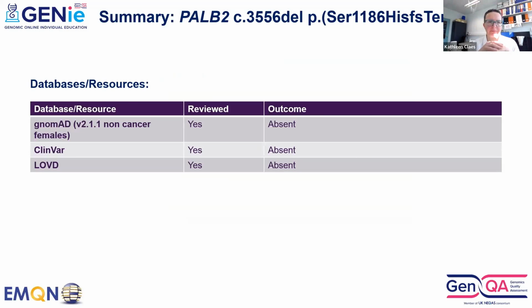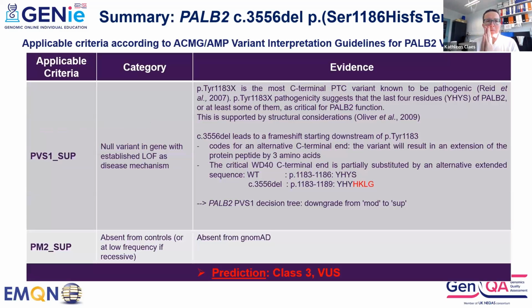Next slide, please. What are the criteria we have applied? For this, we have used the ACMG-AMP variant interpretation guidelines that have been published earlier this year. So we applied the PVS1 score at a supporting level. PVS1 is for null variants in genes with established loss of function as a disease mechanism, which is clearly the case.